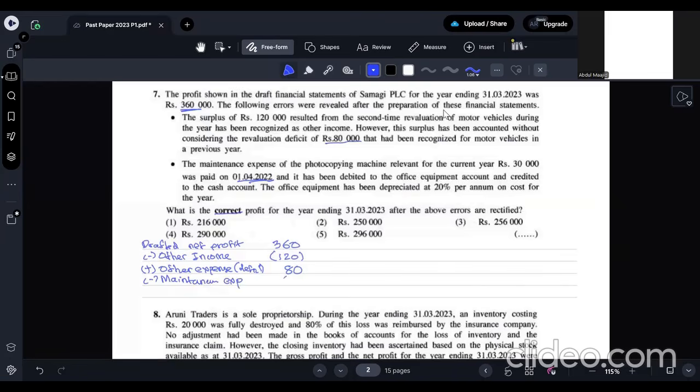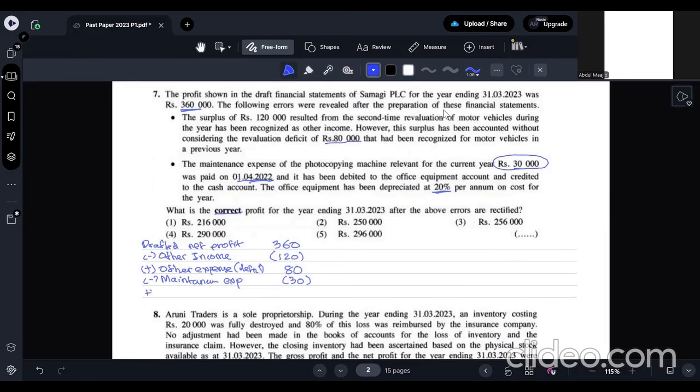Maintenance expense 30,000. Now what they have done, they have debited it to office equipment account and they are providing depreciation 20%. Now if they have recorded this 30,000 in the office equipment account, they would have given depreciation for that, right? So we have to remove that depreciation.